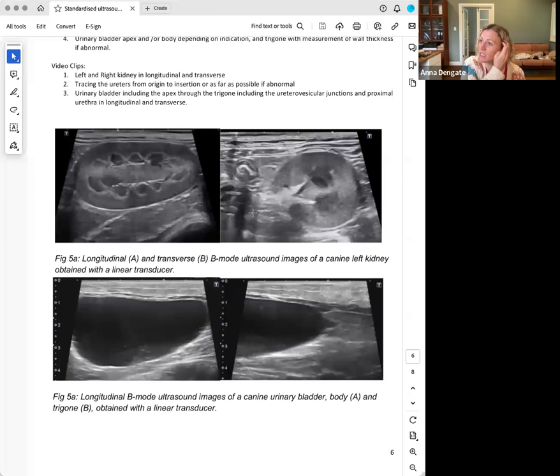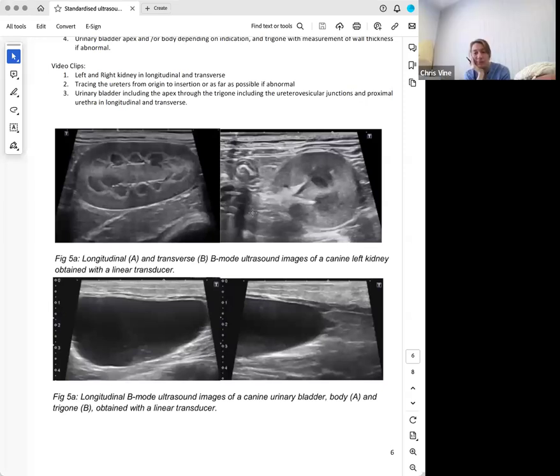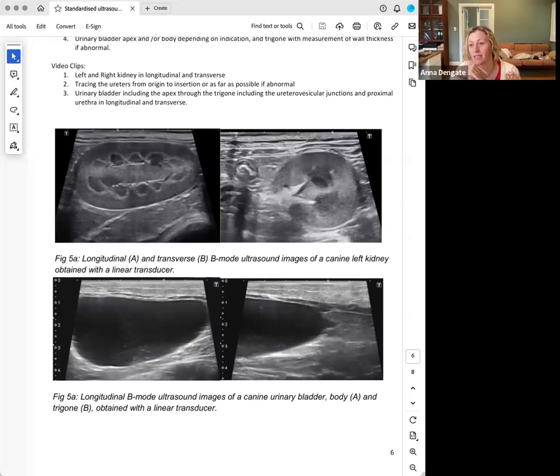So should the kidneys be big or small? Small. Oh, good, because fibrous tissue contracts and takes up less space than parenchymal tissue. So if we've got a bright cortex in a small kidney, more likely to be fibrotic. What about if we've got a bright cortex in a normal to big kidney?